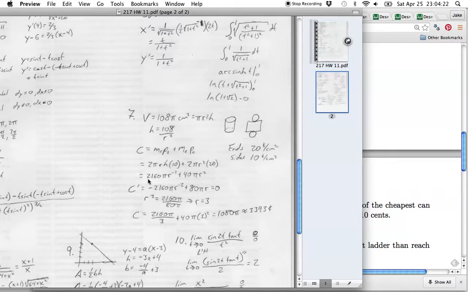I put in my h value here, and simplified. Now of course we're trying to optimize, so we take the derivative. I took the derivative here and set it equal to 0. That means I want to find the point where my cost is no longer increasing or decreasing. In this case, I want to find a point where I've decreased my cost as much as I can before it starts increasing again.